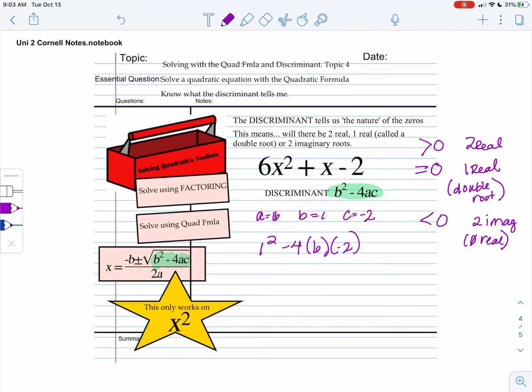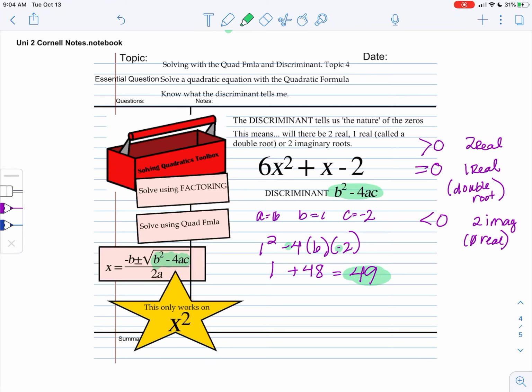Another kind of like red flag place where mistakes happen is right here. When you have a negative times a negative, what happens? It becomes a positive. So carefully, you're going to have 1 and plus 48, right? 4 times 6 is 24 times 2 is 48, and I have a negative times a negative equals a positive. My discriminant is the number 49.